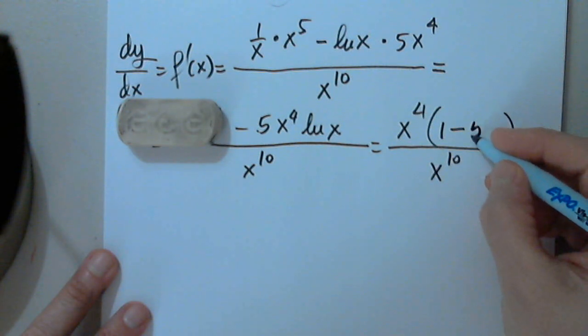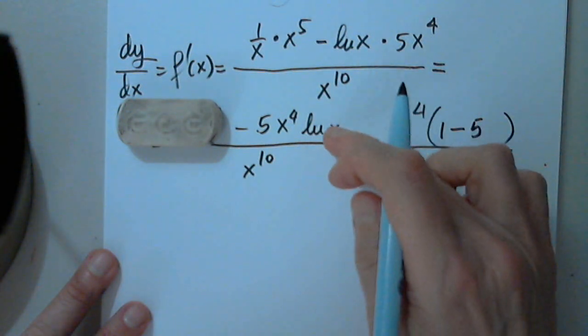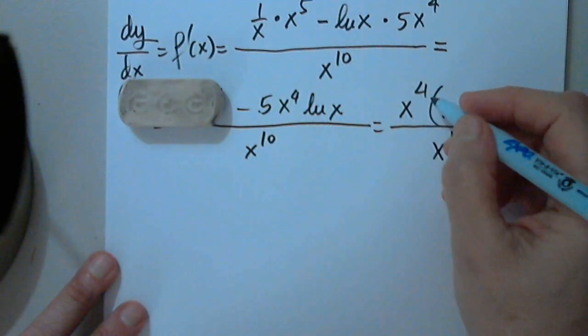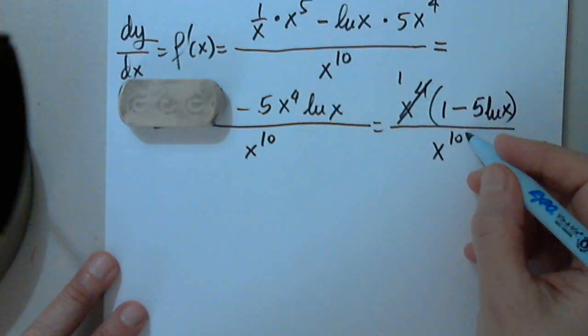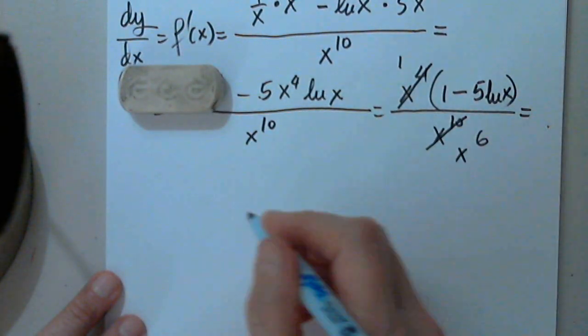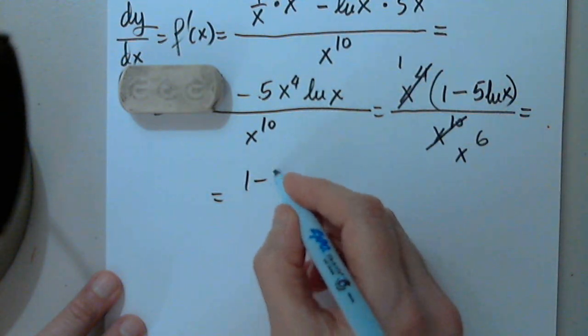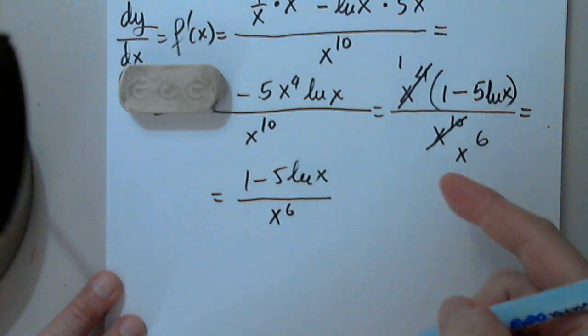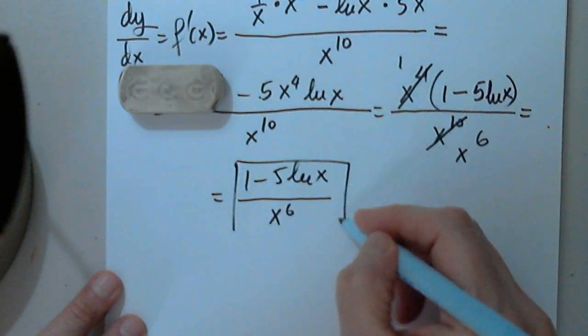Five x, you mean natural log. That's it. But look what happens. That's why factoring is so important. 1 minus 5 natural log x divided by x to the 6th. Otherwise, you cannot simplify. And this is it.